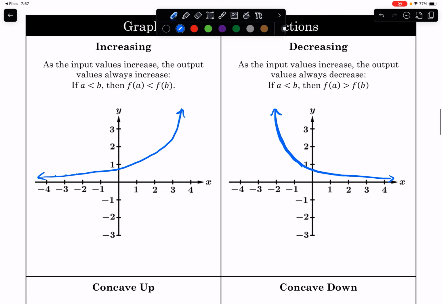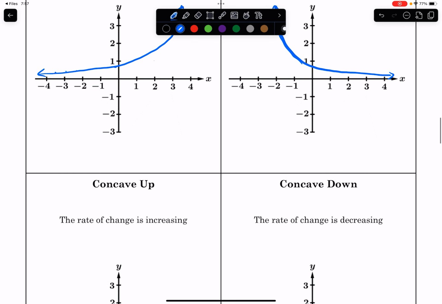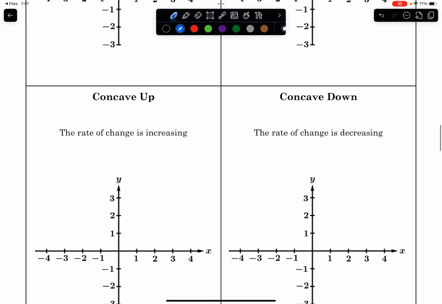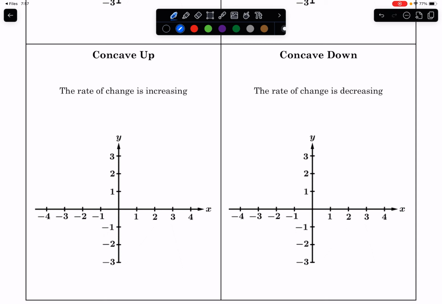Now, let's talk about concavity and concaving up and down. The definition for concaving up and down has to do with the rate of change. We're not going to investigate this thoroughly in this particular section; we will investigate it in other sections. The rate of change is increasing when a function concaves up.